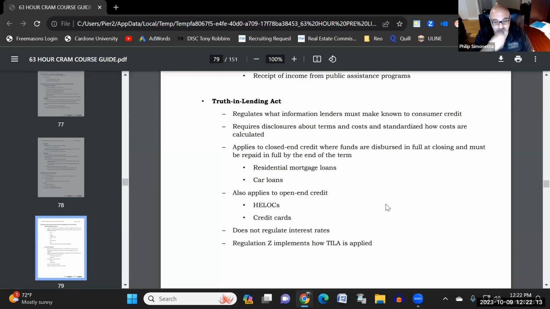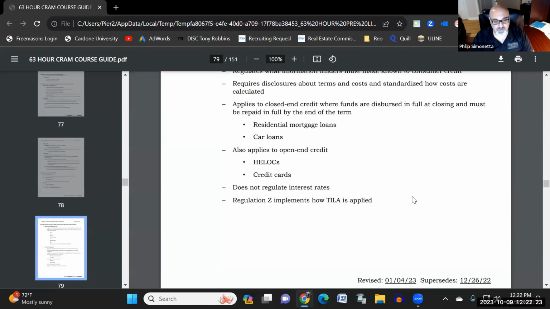This includes residential mortgage loans and car loans, and it applies to open-end credit such as home equity lines of credit and credit cards. It does not regulate interest rates. Rates are determined by the product, the people, and negotiation. Regulation Z implements how the Truth in Lending Act is applied. Okay, that's the law.